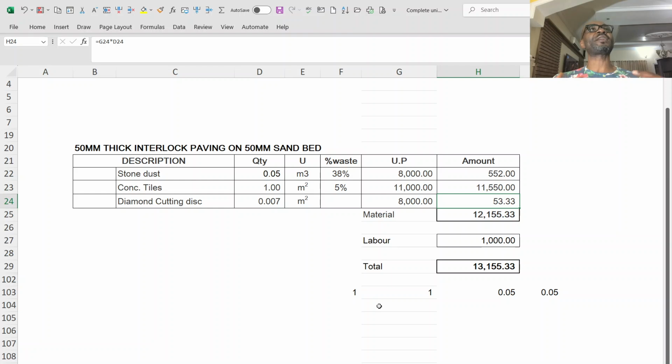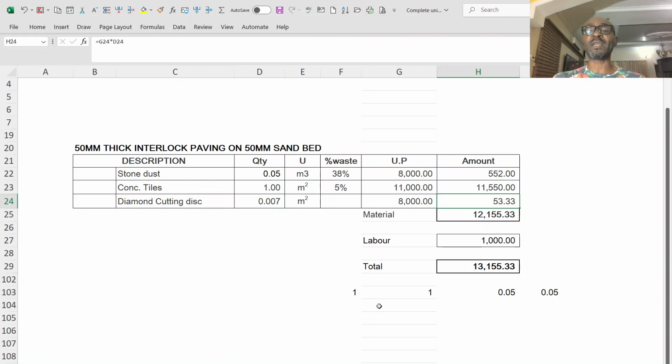So say if now I have 1,000 square meter to lay. Say I've gotten the job, I am preparing my material schedule. Then I want to know how many diamond discs I am going to buy for the total square meter I have in my bill.